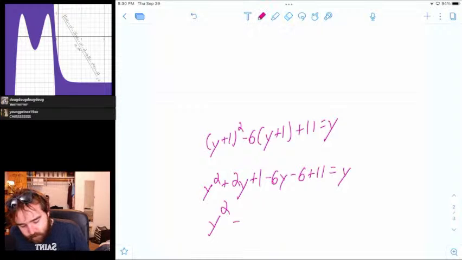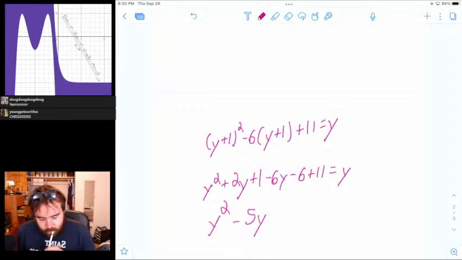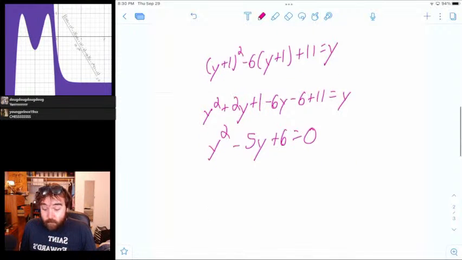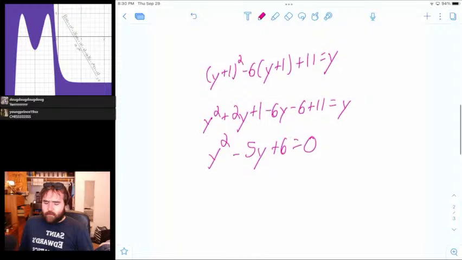That's y squared minus 5y plus 6 is equal to 0. But you can't factor that, can you? Yes, you can.